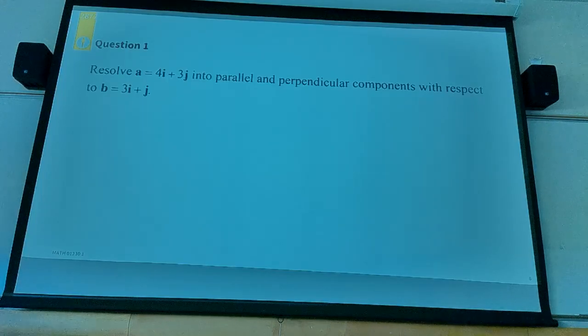The parallel component is just the component of A that's acting in the same direction as B, or possibly the opposite direction, but it's parallel. It's typically represented as A parallel.